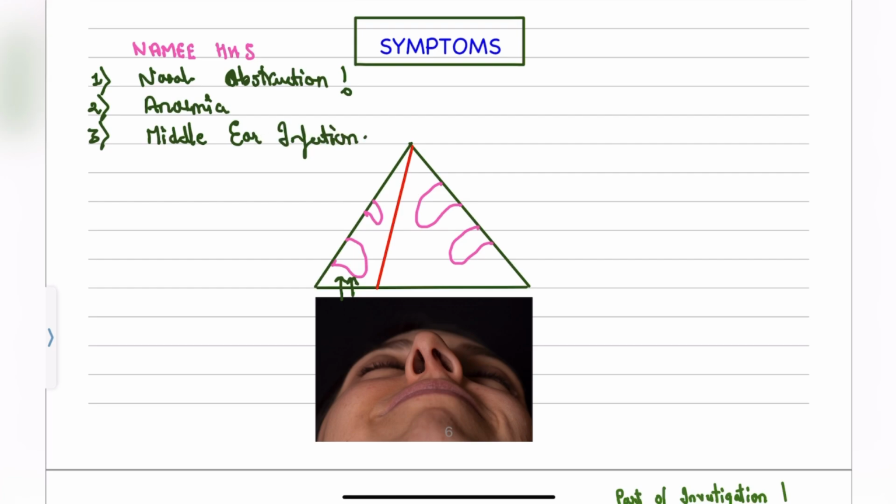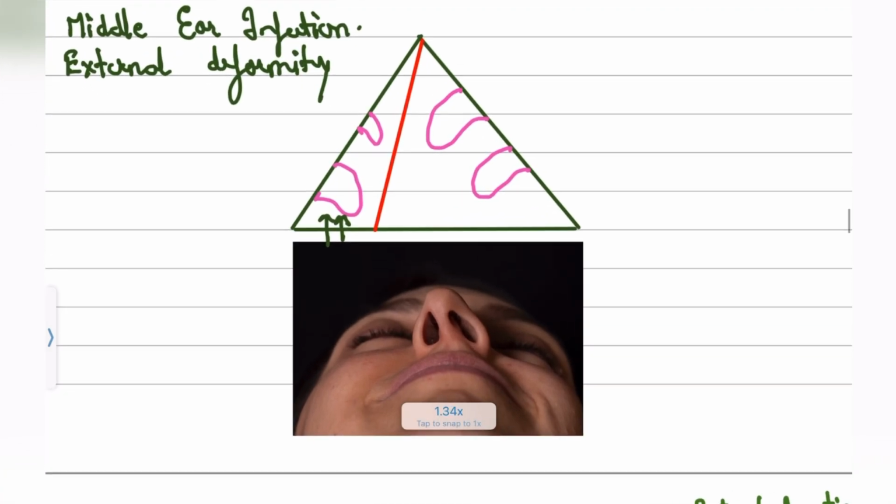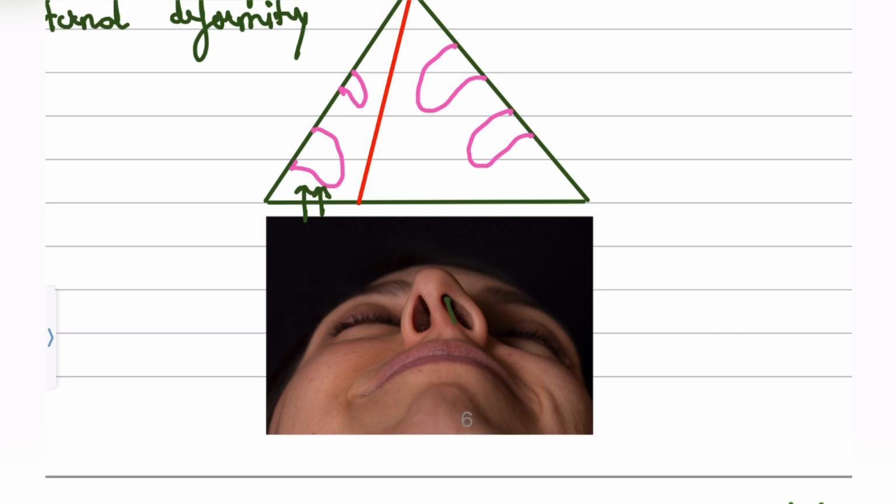The presence of deviated nasal septum is a predisposing factor to the occurrence of middle ear infections. From E, we have external deformity. In this woman, we could easily see there is slight anterior deviation, and the deformity can be made out externally.